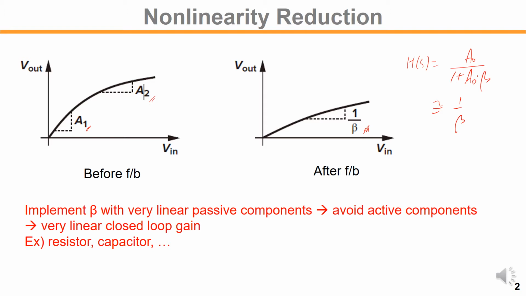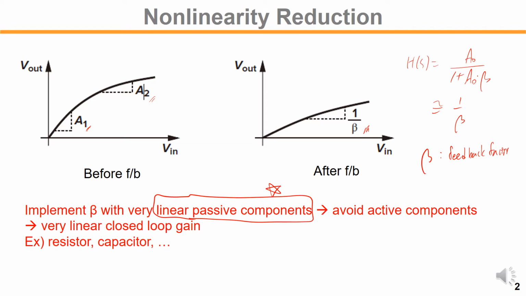So it is important that the feedback factor beta is implemented with passive elements. Why? Because they are very linear, right? Your active device like a transistor is very nonlinear.